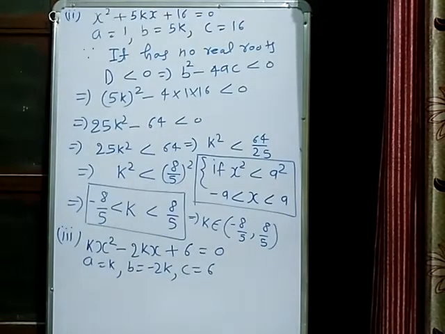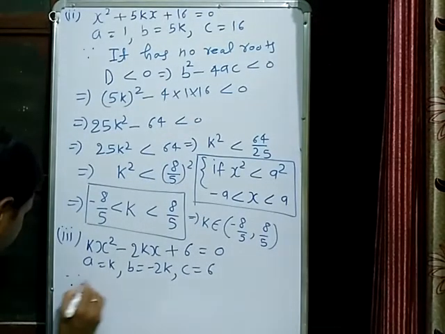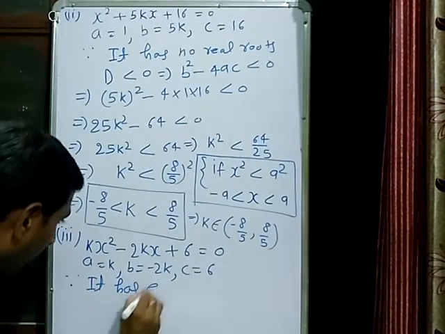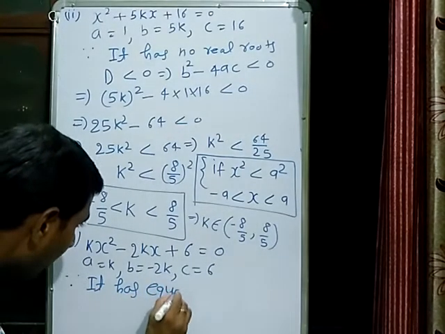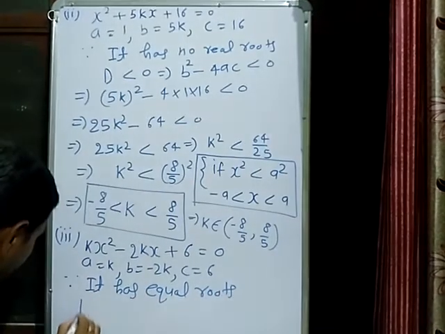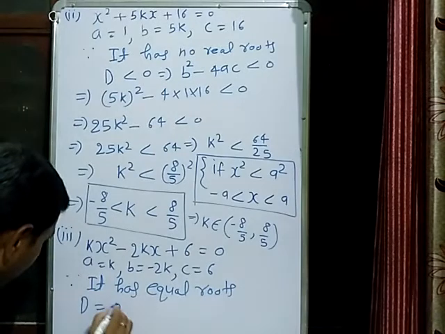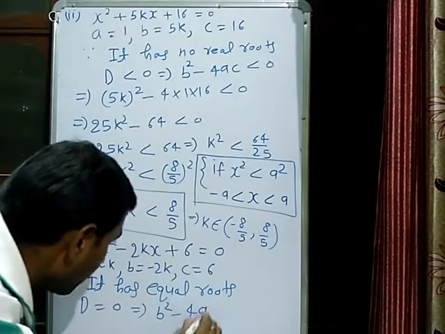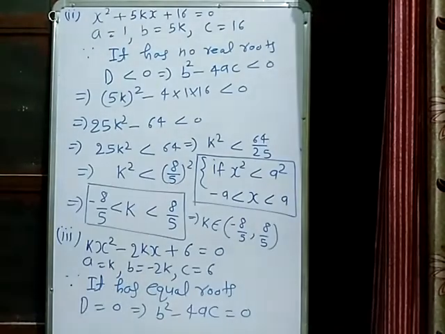Since the equation has equal roots, for equal roots its discriminant D must be equal to 0. D means b square minus 4ac, that must be equal to 0.